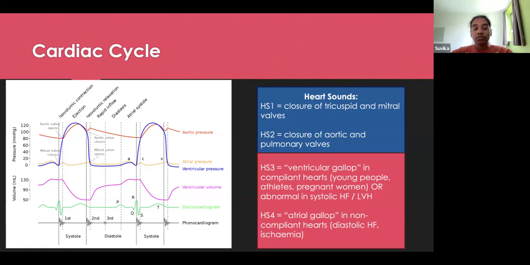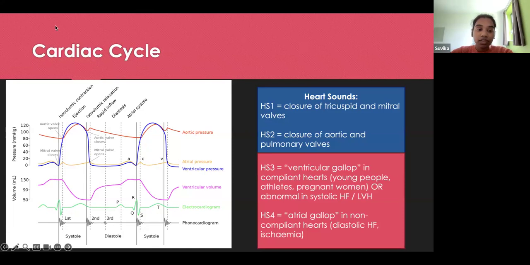So valves are almost like a one-way gate. If the pressure above the valve is greater than that below, the valve will open, and if the opposite is true, so pressure greater at the bottom compared to the top, the valve will close. So it's a one-way system, allowing blood to flow through or not.